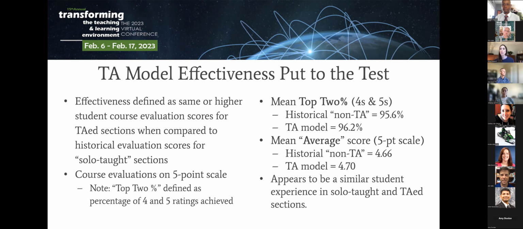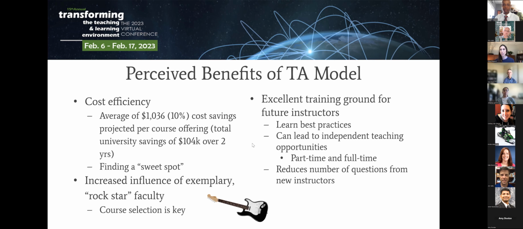And so we felt confident that this was a very positive experience for students and that there weren't any significant downsides to it just because of a TA element. I'm going to pass it off to Robert. He's going to share a little bit more about some of the other additional perceived benefits that we saw outside of that quantitative data.